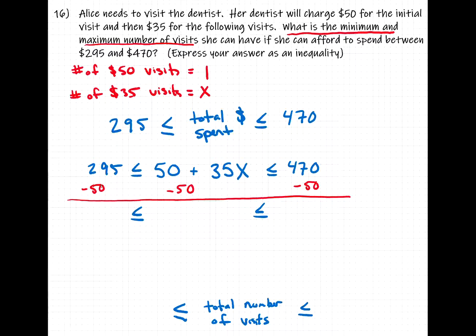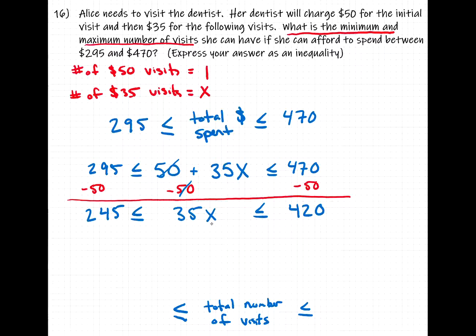Okay, so 295 minus 50 will be 245. In the middle, the plus 50 and the minus 50 cancel, so we're left with 35 times X. And on the right, 470 minus 50 will be 420.